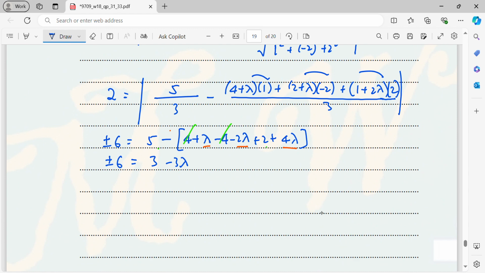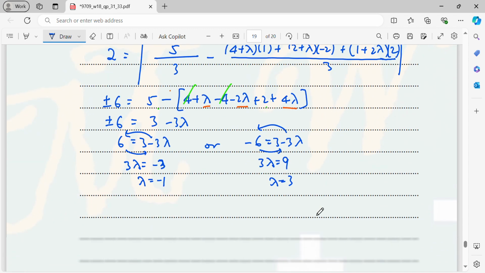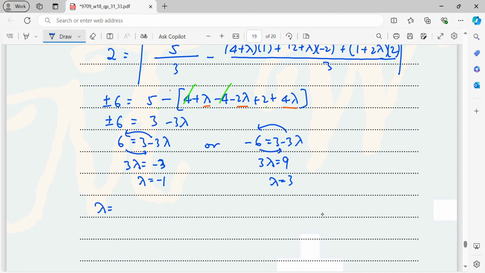So, I will split it into 2. 6 equals 3 minus 3 lambda, or minus 6 equals 3 minus 3 lambda. Therefore, this minus 3 lambda move to the other side. Just rearrange it. So 3 lambda is 3 minus 6, that is minus 3. Lambda is minus 1. Therefore, the other one, your 3 lambda equals 3 plus 6, which is 9. Lambda is 3. So with 2 different lambda, you will be getting 2 OP.